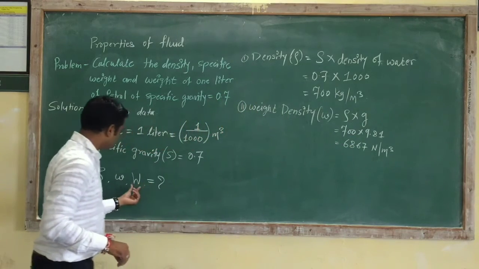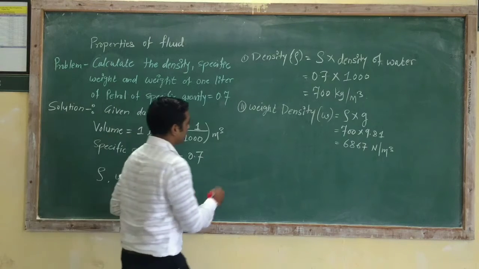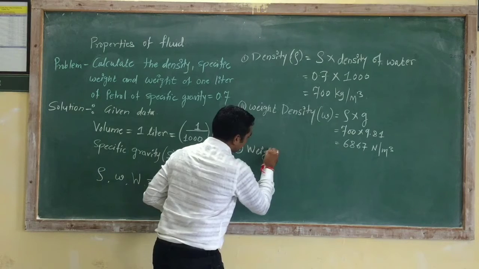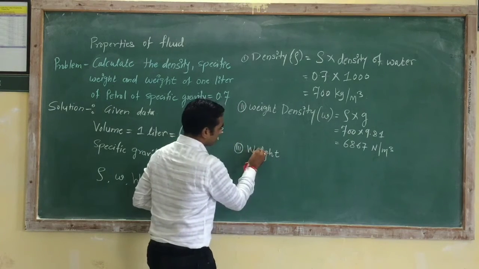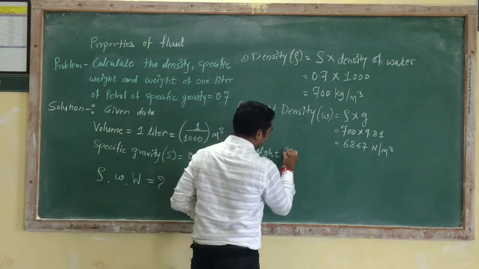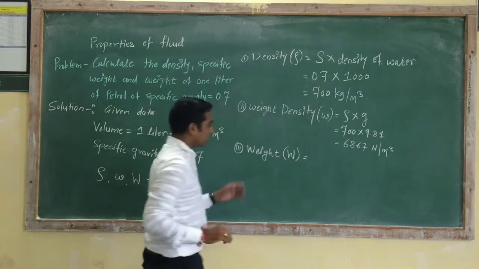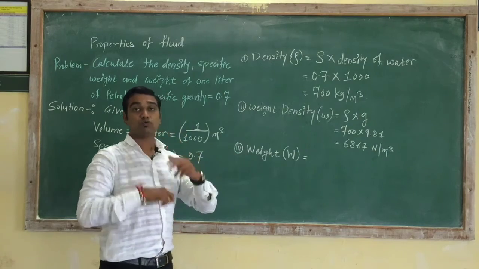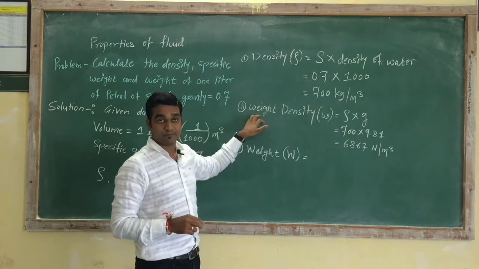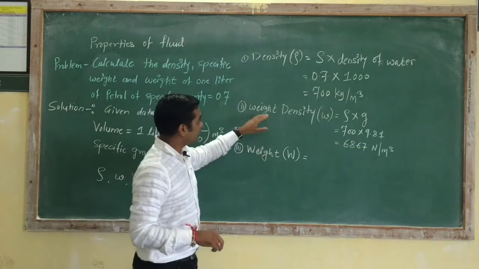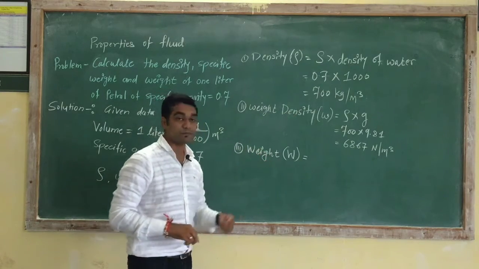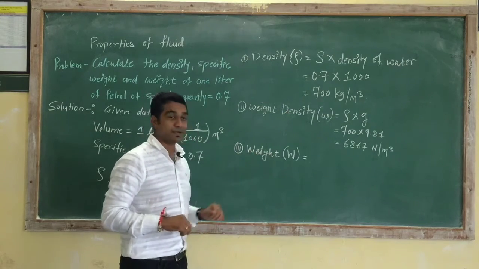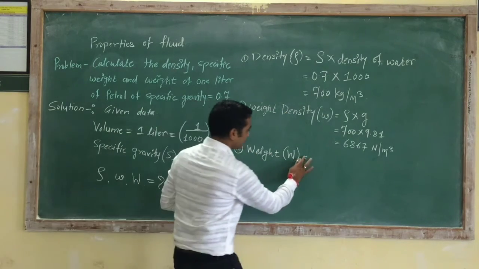Now third term is the weight. Third is the weight of the liquid and denoted by capital W. So to find this weight, we have to go towards this weight density. Remember the formula of the weight density in terms of weight. What is the formula of weight density in terms of weight? Okay, see the formula.